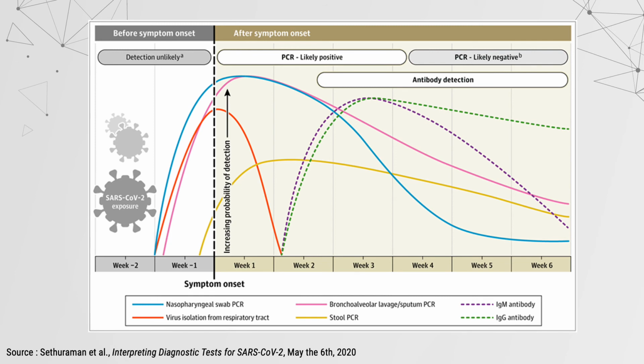And then we can clearly see that the antibodies tend to appear later, and that the IgG tends to remain relevant on the longer term. So that graph really summarizes the different kinds of methods and helps us to define which is the most appropriate method to use according to the test we want to make.